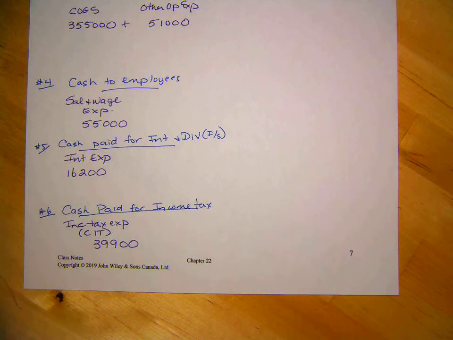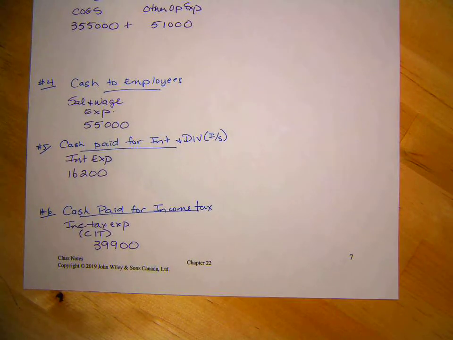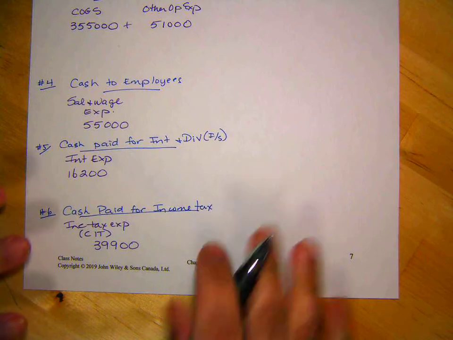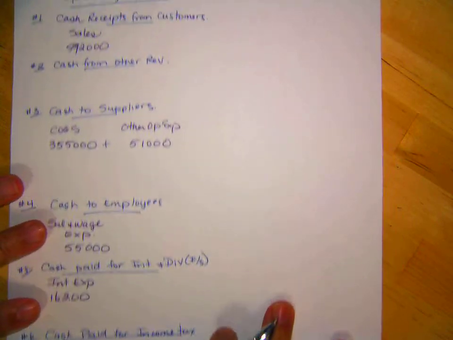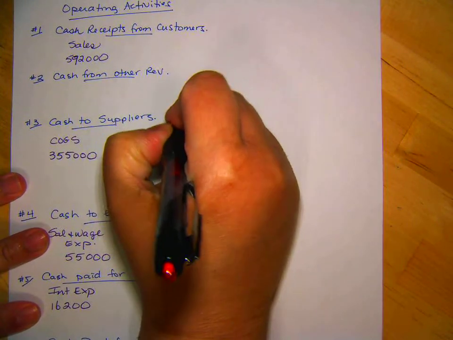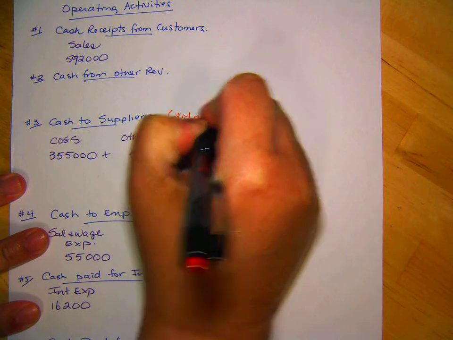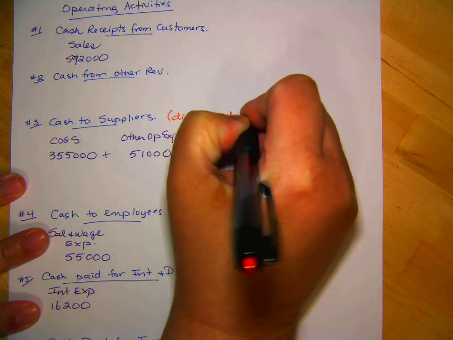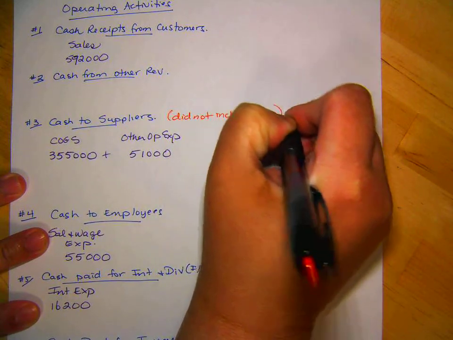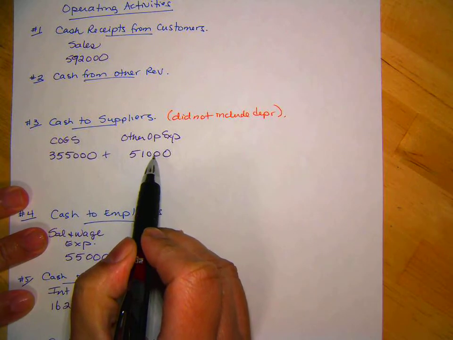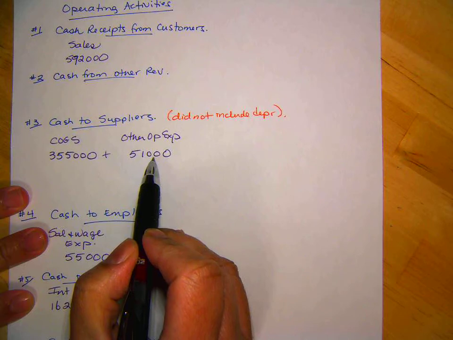So, notice here we did not include depreciation. If it would have been included here, we would have subtracted it. Okay?